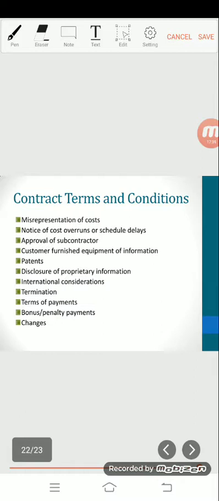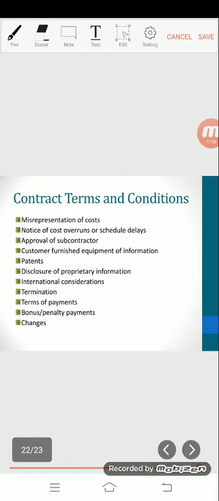Next, bonus or penalty payment. State that the customer will pay the contractor a bonus if the project is completed ahead of schedule or exceeds other customer performance requirements.